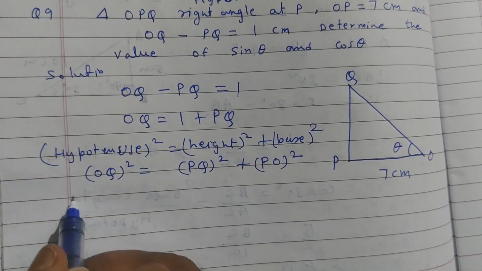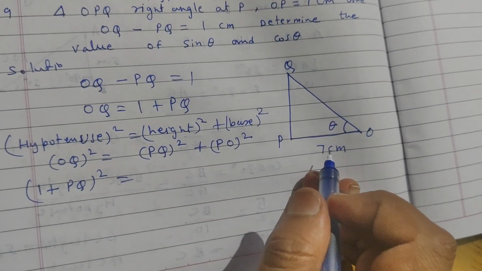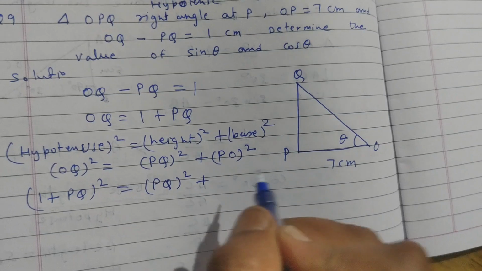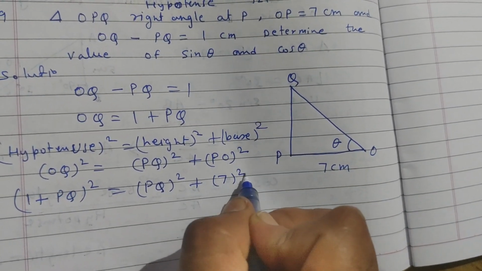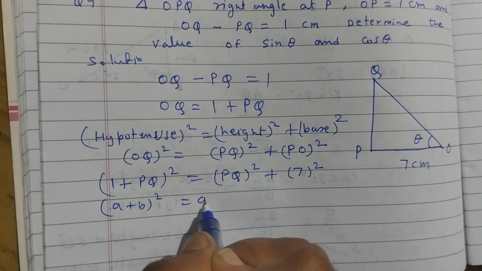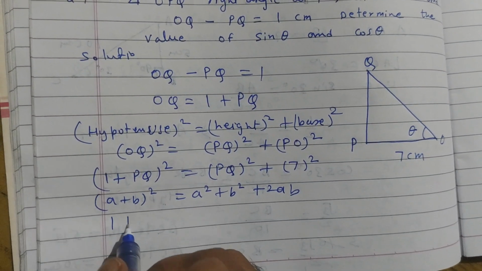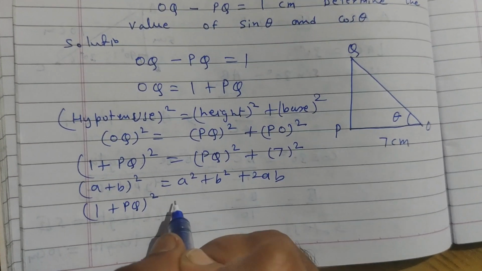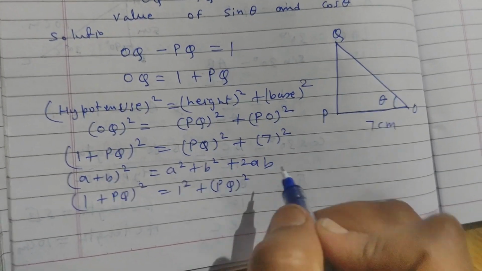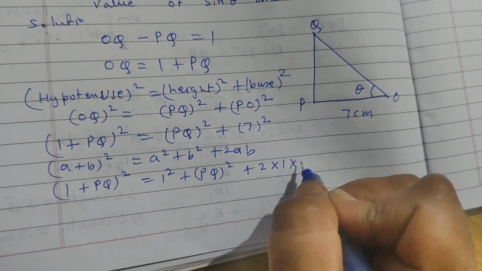OQ is 1 plus PQ, and here we have to find PQ, and PO value is 7. So we open the formula for the whole square of A plus B, A squared plus B squared plus 2AB. So 1 plus PQ, 1 squared plus PQ squared plus 2, where A is 1 and B is PQ.